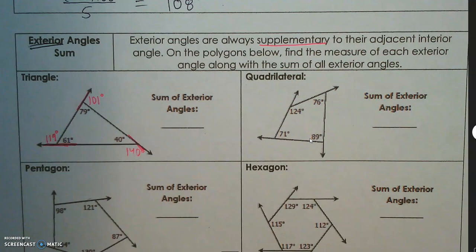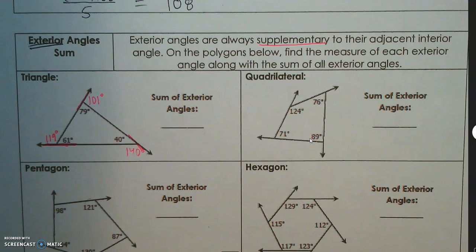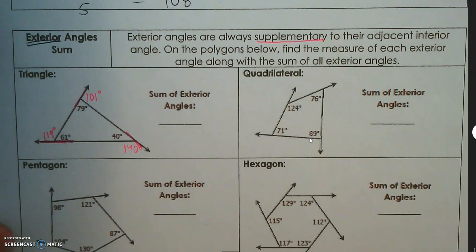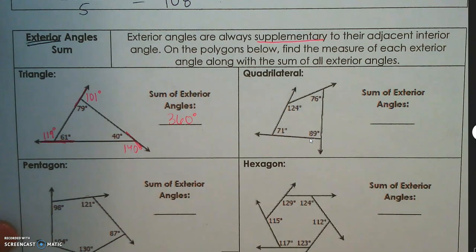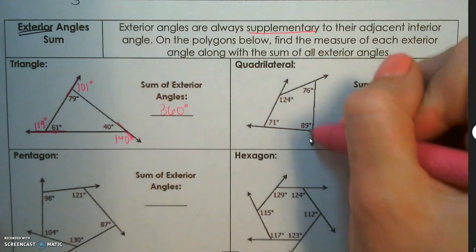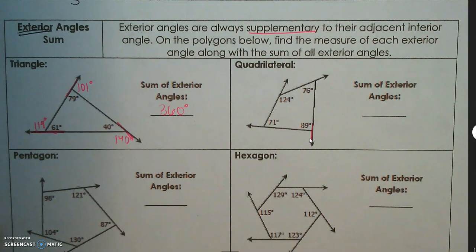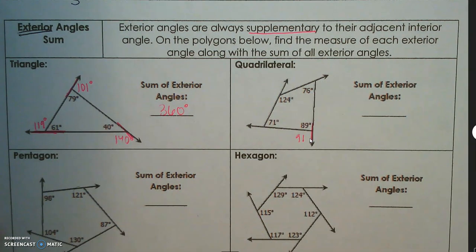All right, so it says now let's find the sum. So we have 140 plus 101 plus 119, and that gives us a total of 360 degrees. Okay, let's look at the next case. Let's go ahead and find all of the missing pieces of the linear pairs. So we have 180 minus 89. We have 180 minus 71.